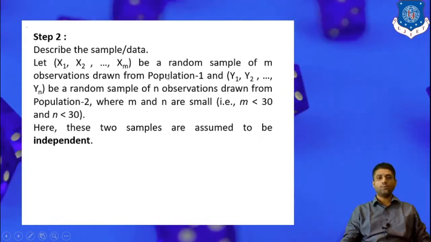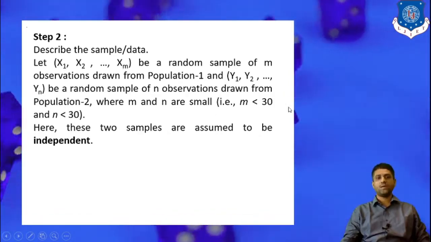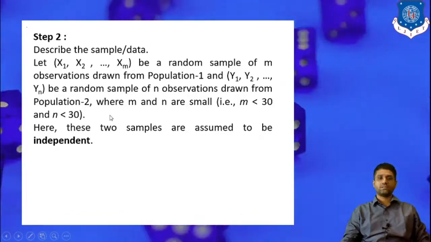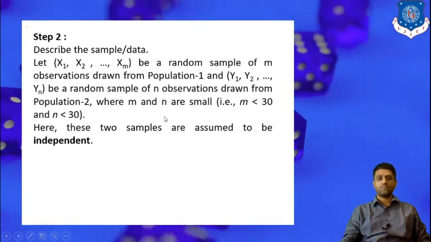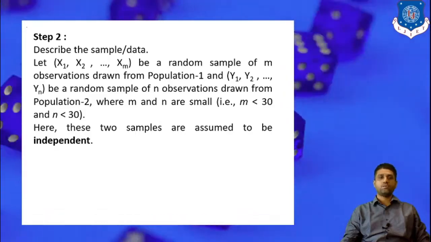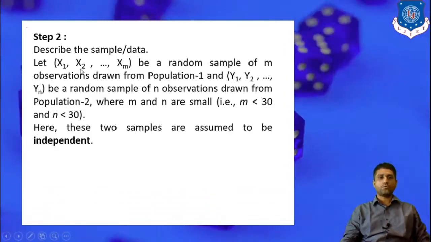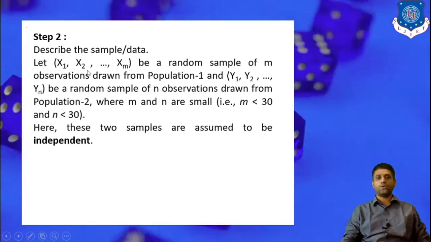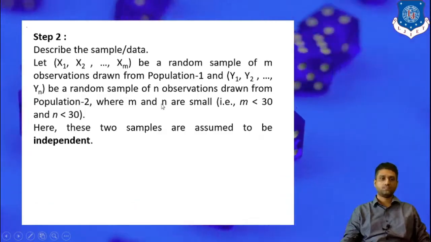Remember the value of m and the value of n must be less than 30, because the T distribution is applicable if and only if the sample is small. If the sample size is greater than or equal to 30, then we have to go through the Z statistic. Also, we have to take care that both samples x1 to xm and y1 to yn are independent.